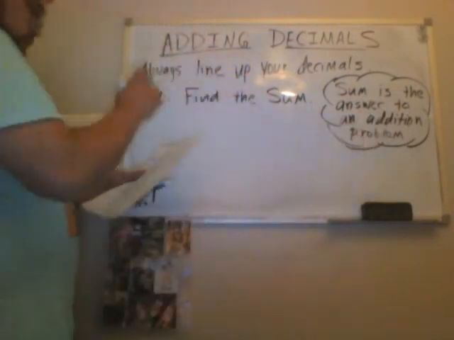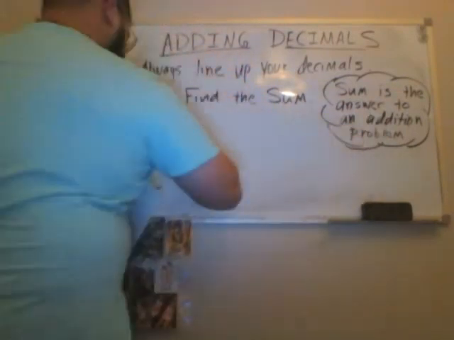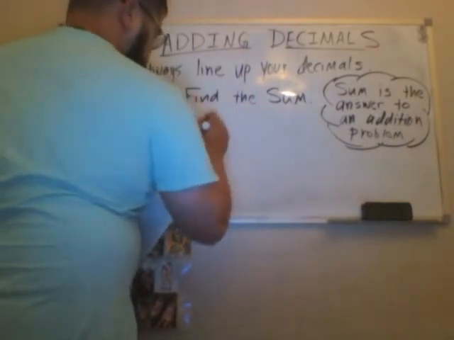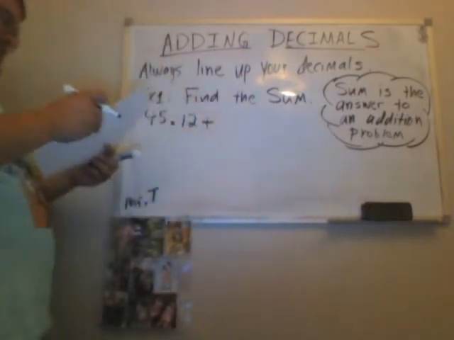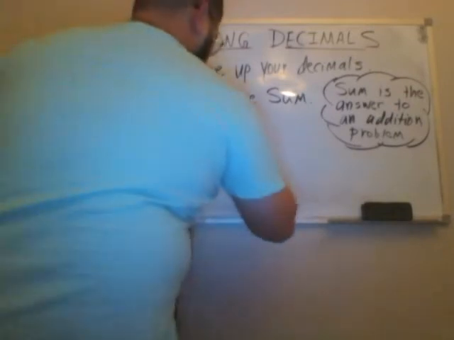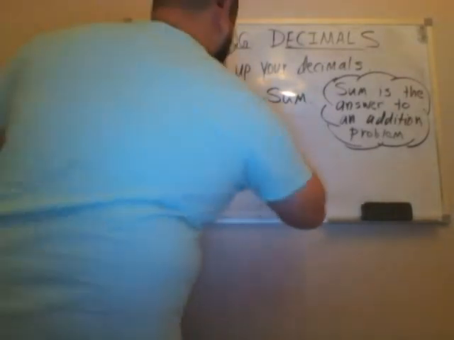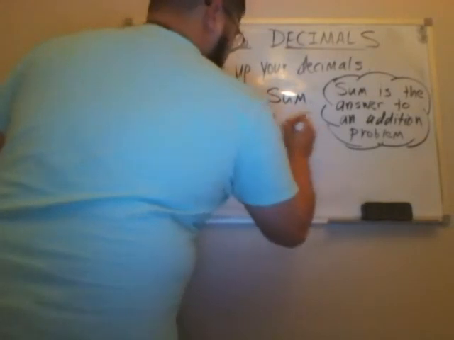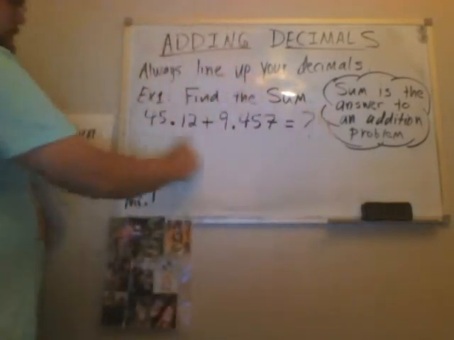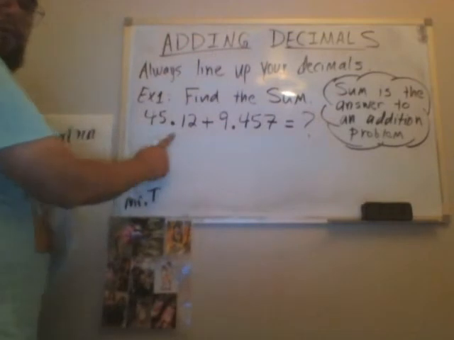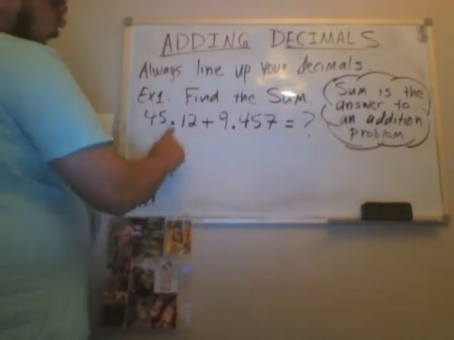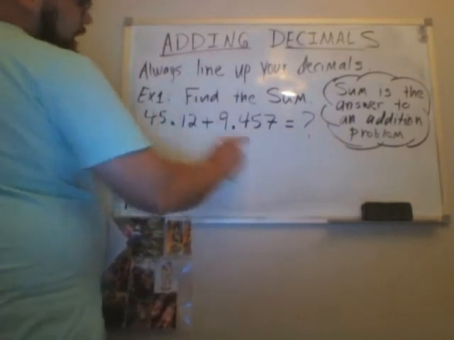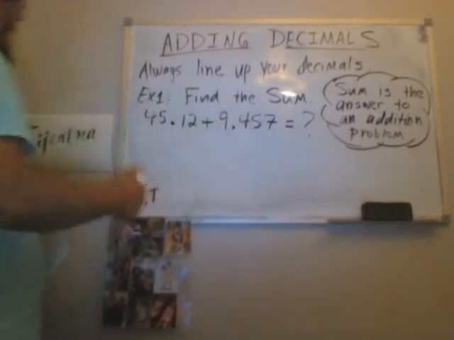All right, so here's our first example: 45.12 plus 9.457. Okay, other ways you can say 45.12 are 45 and 12 hundredths, and 9 and 457 thousandths.